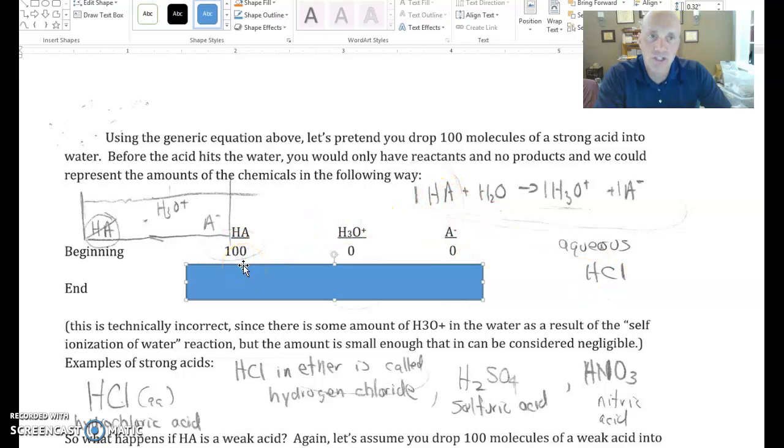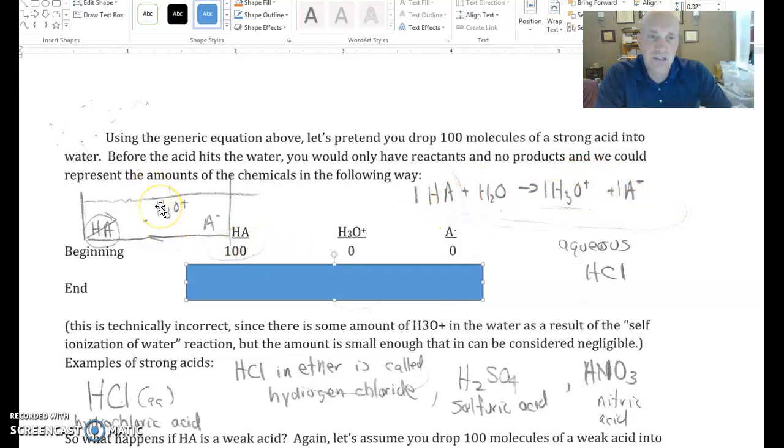By the way, HCl by itself is just a gas, but what you would have is 100% HA, and you would have 0 of this and 0 of the A minus. And the reason is, for this reaction to occur, these two things have to have come in contact with each other. And so before these things come in contact with each other, you don't have any of these things. That's technically incorrect, and we'll explain that in a second. But the reason is they just haven't come in contact yet.